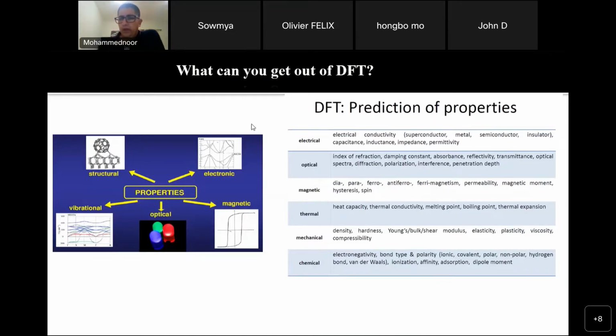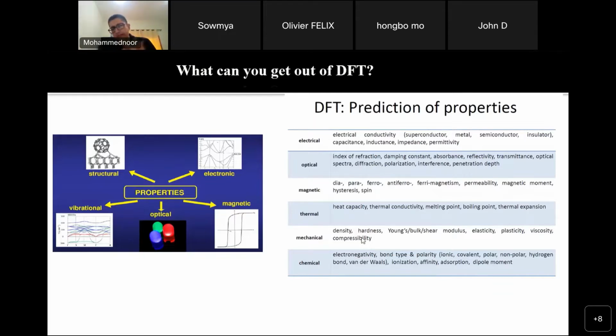For example, if you are looking for electrical properties, like the conductivity or the capacitance, then we can use DFT. Sometimes we use DFT to obtain optical properties of the material, like the polarization, the absorbance, or transmittance, and so on. We can also use it to get magnetic properties, for example, the magnetic moment.